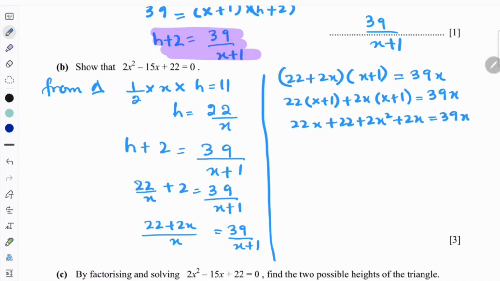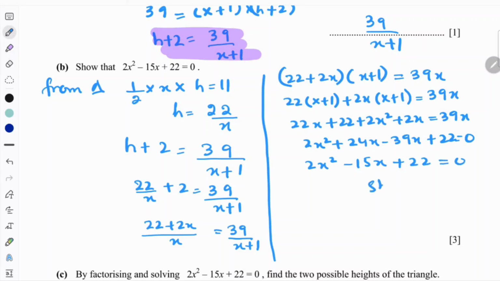Okay, simplify. 2x square, 22x and 2x makes 24x, minus 39x plus 22 equals 0. Now 2x square minus 15x plus 22 equals 0. So this thing we had to show.